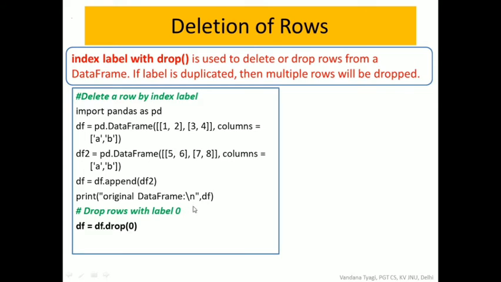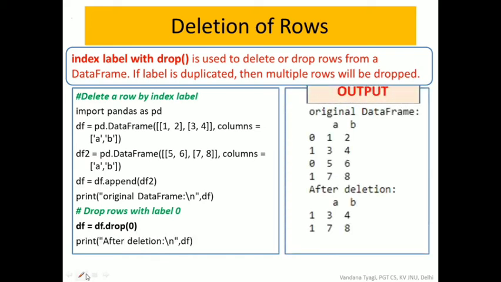So what we do here, we simply write df.drop(0), which means the rows with label 0 are deleted. When we see the result, in my original data frame we have the indexes 0, 1, 0, 1.